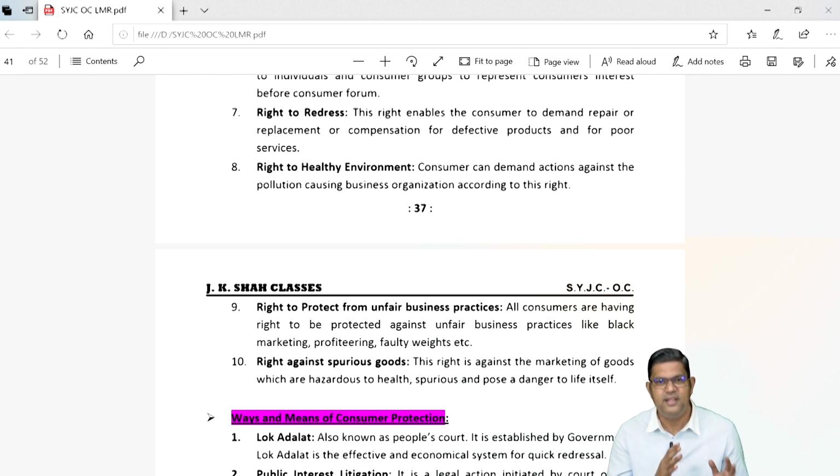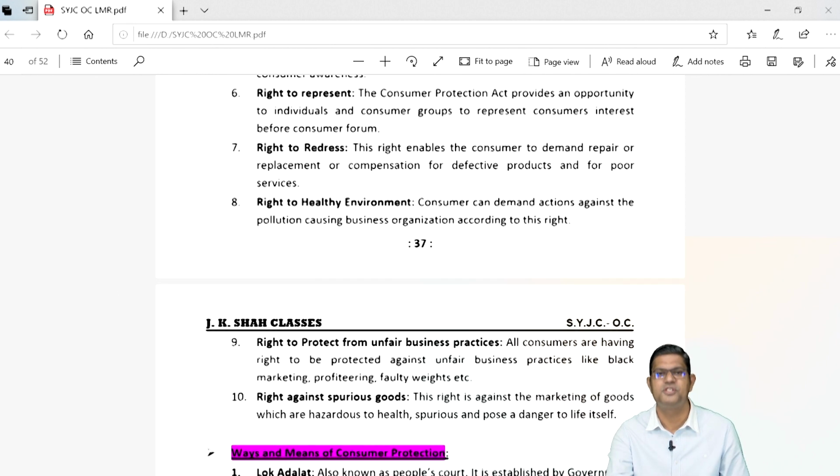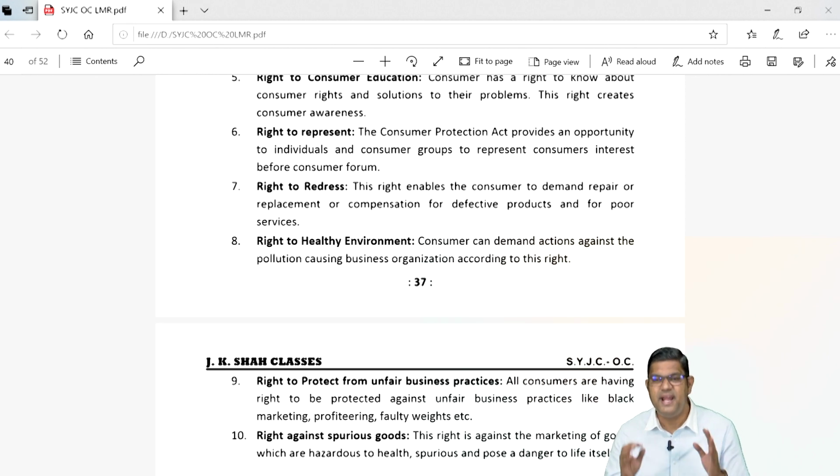So, the right against spurious goods says this right is against the marketing of goods which are hazardous to health. Spurious means duplicate and pose a danger to life itself of the consumer. So, my dear students, these were the 10 important rights of a consumer and it's a very, very important question.